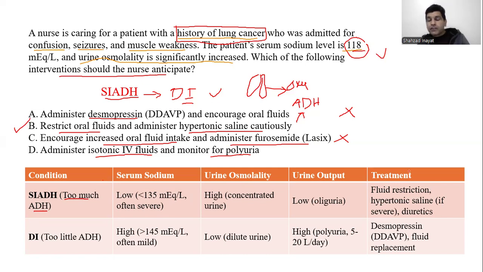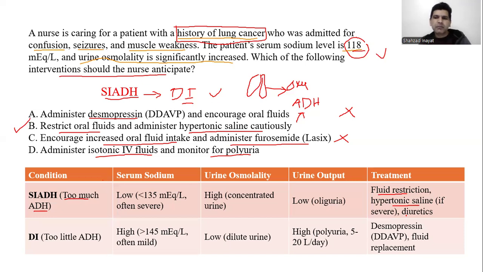So how can we treat it? We need to restrict fluid, and we need to give hypertonic saline if the condition is severe. And in this case, we can see the sodium is 118, which is significantly low. So we need to give hypertonic saline, and we can also give diuretics, but first we need to correct the hyponatremia.